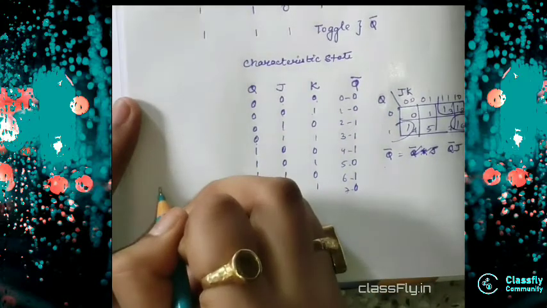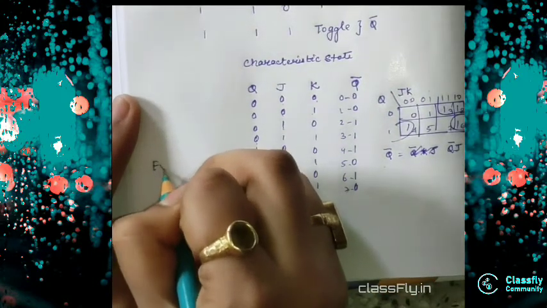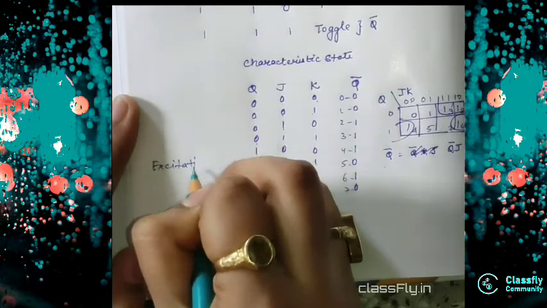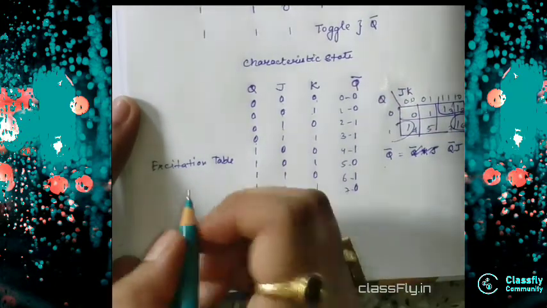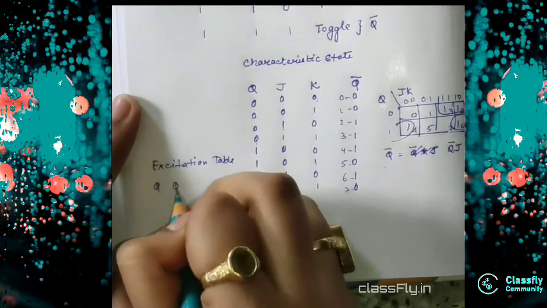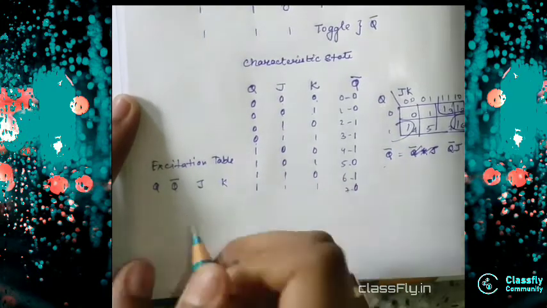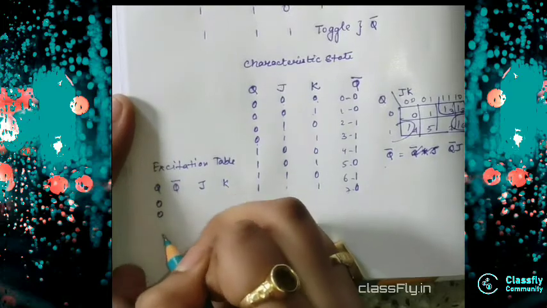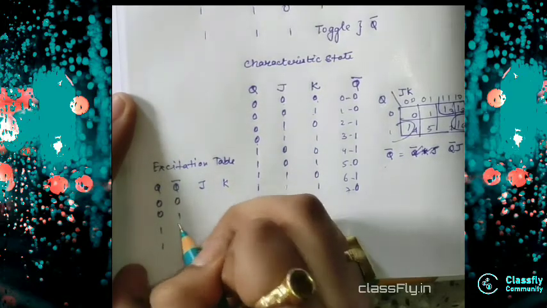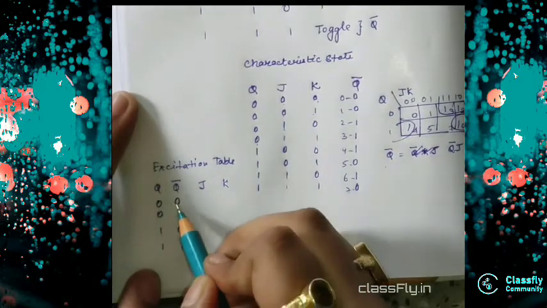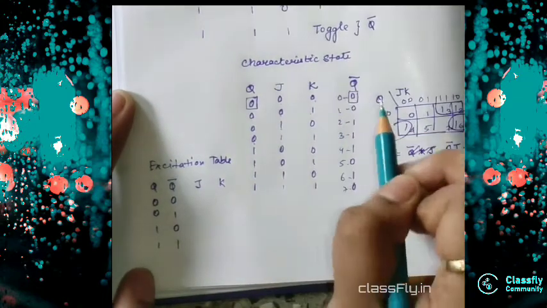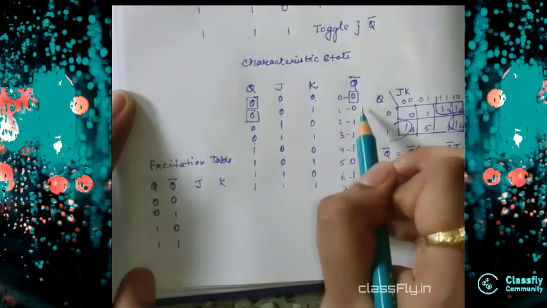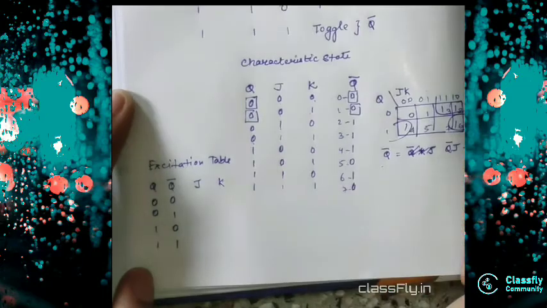Now I have to do my excitation table. As I told, the excitation table depends on the characteristic table. So here we will have Q, Q bar and JK, right? So it will be 0 0 1 1, then 0 1 0 1. So 0 0, when it is 0, and here also 0, here also 0, and here also 0.